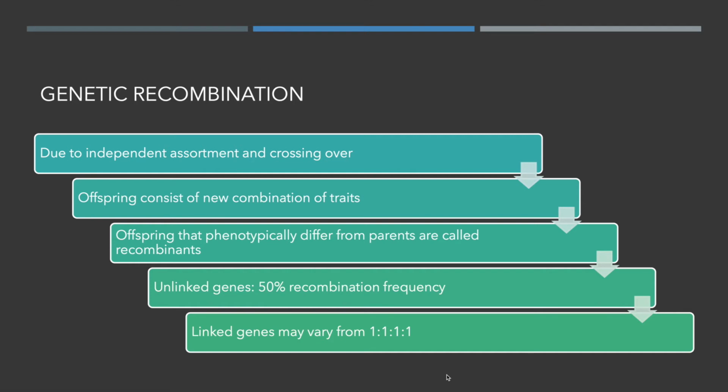For unlinked genes, the recombination frequency would be 50%. Even for genes that are linked, oftentimes recombinants do form due to crossing over, and so the phenotypic ratio may vary from 1:1:1:1. However, most of the offspring will still resemble parental types.